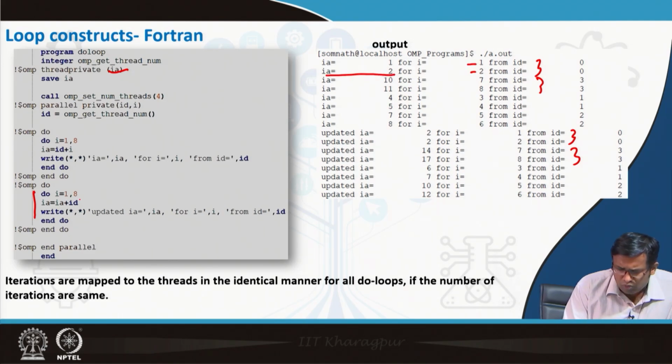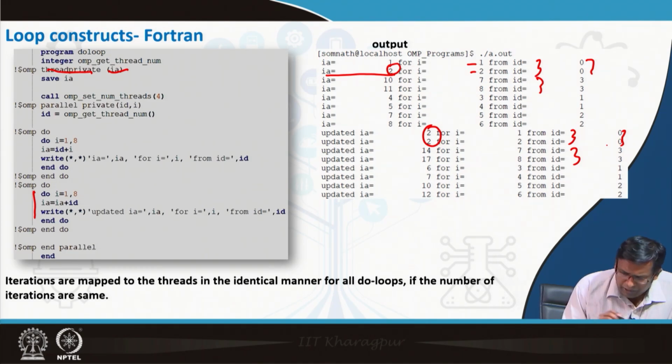So, this value 2 stays with thread 0, because it is a thread private variable, and it computes IA is equal to IA plus ID when it writes the updated IA. That means this value 2 comes here, 2 plus 0 is equal to 2.